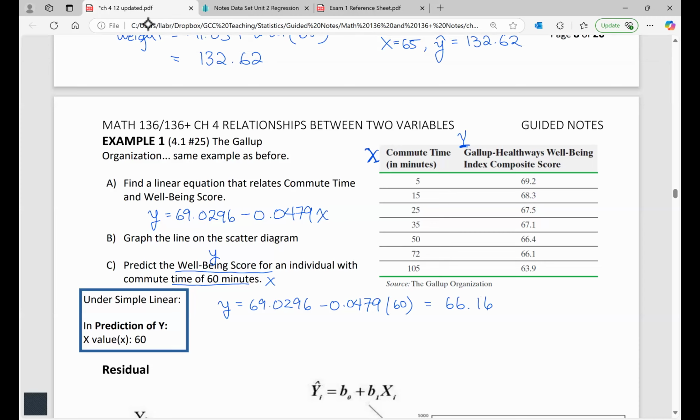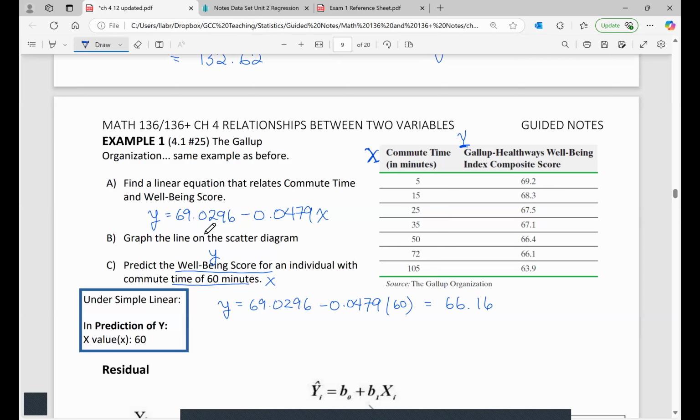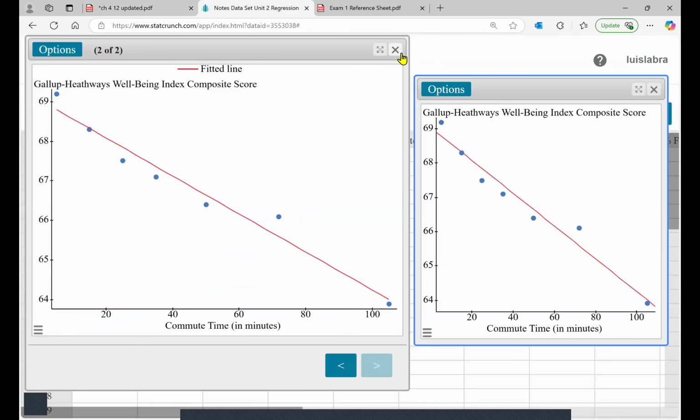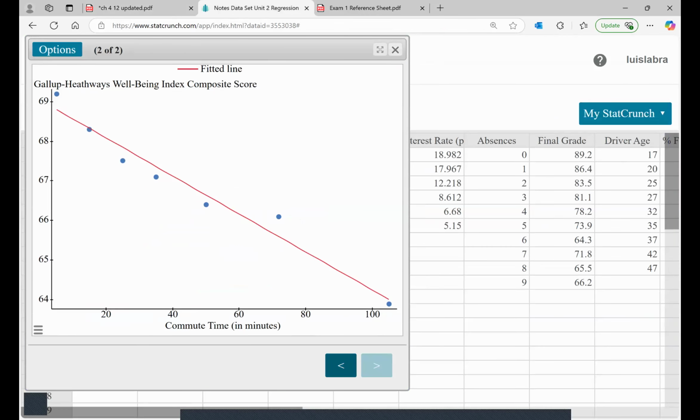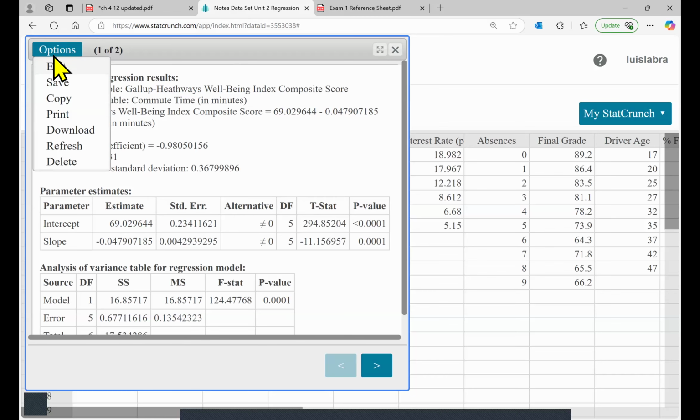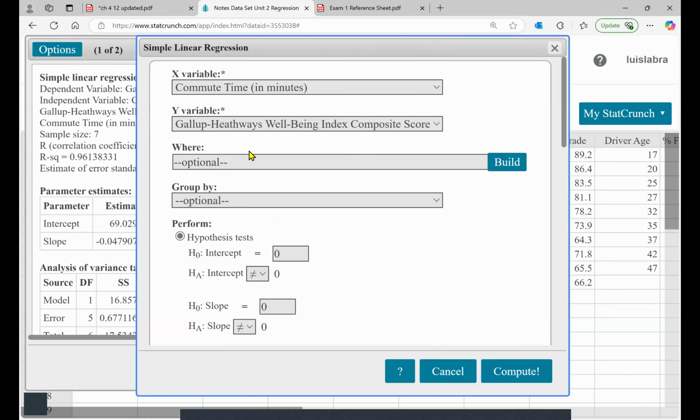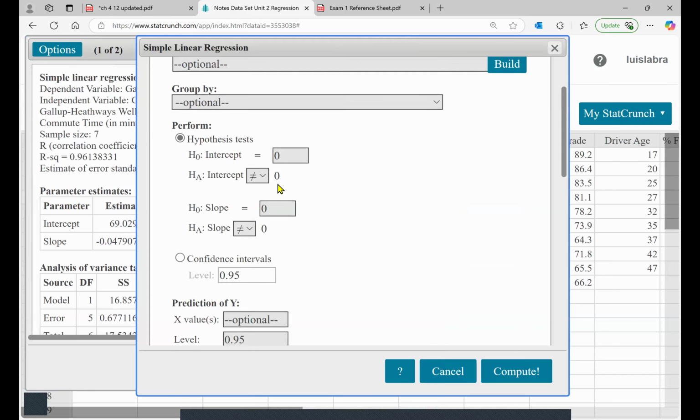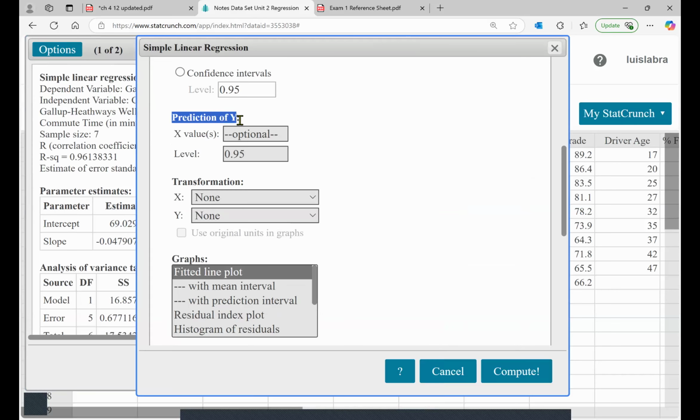All right, and let me actually go ahead and show you how you can use StatCrunch. This is one of the most common uses of regression. So there's actually a built-in command that does this. If you go to your regression options, so let's edit this. We know that we want to predict, so just X and Y. But if you scroll down, there's a lot of additional options. And notice that there's this option here that says prediction of Y. So because it's one of the most common uses for regression, there is a built-in command for it.